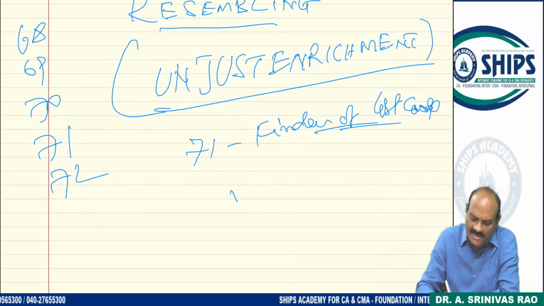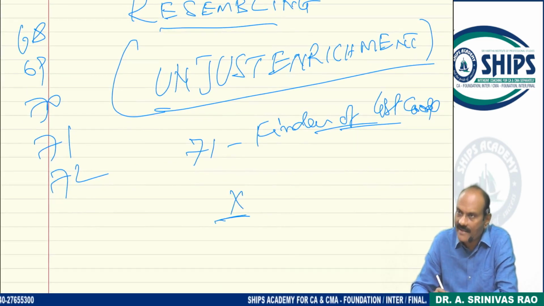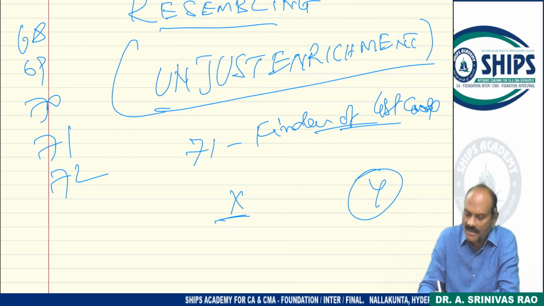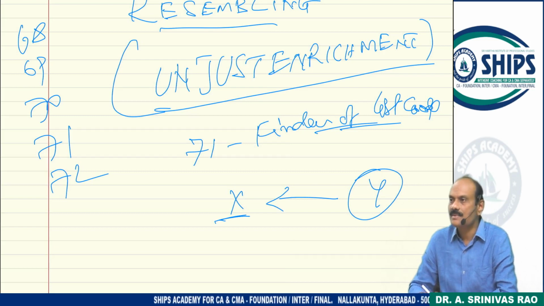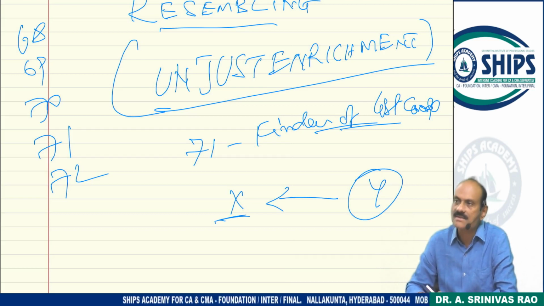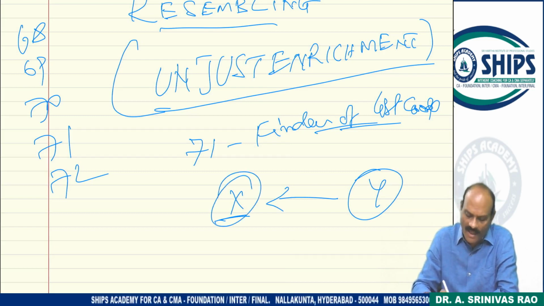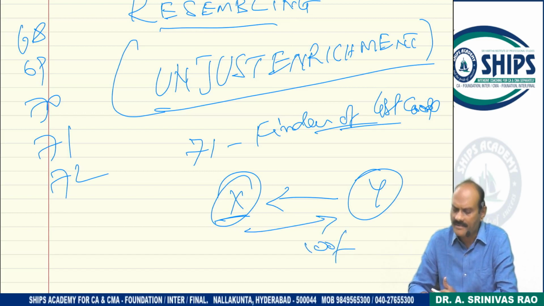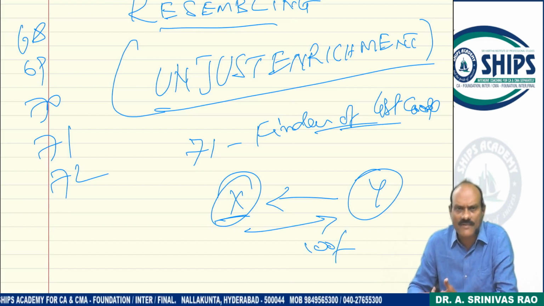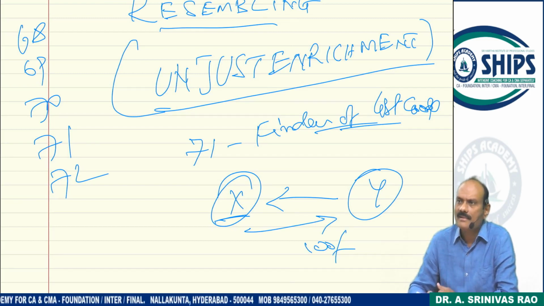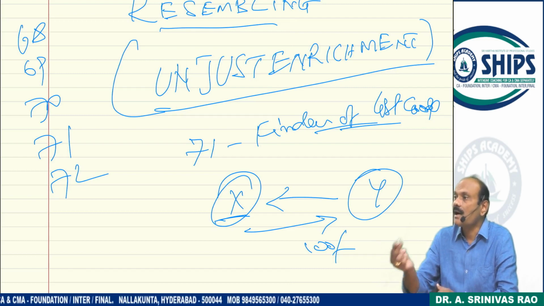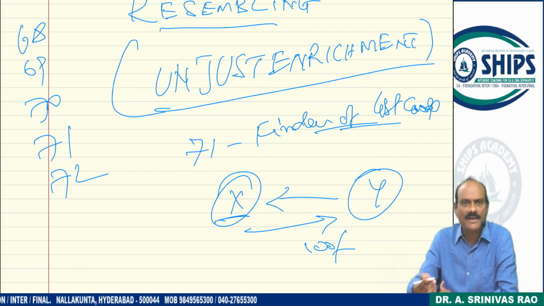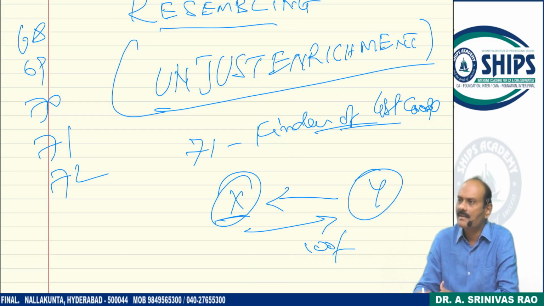X lost his bag or wallet. Y found it. All the way, he comes to X's house. Did you lose this wallet? He said, yes. He said, I will pay you rupees 100. In fact, here X and Y never entered into a contract, neither in writing nor in oral. No offer, no acceptance, no agreement, nothing.